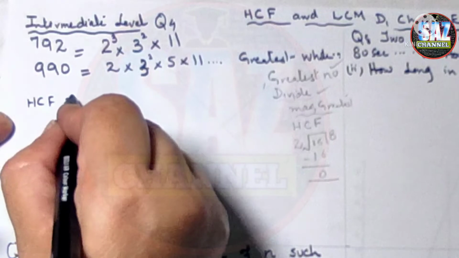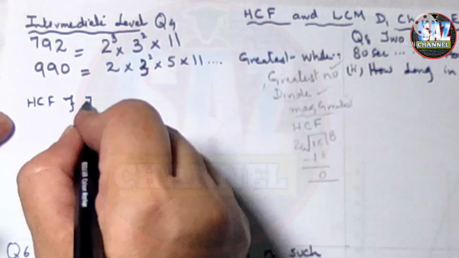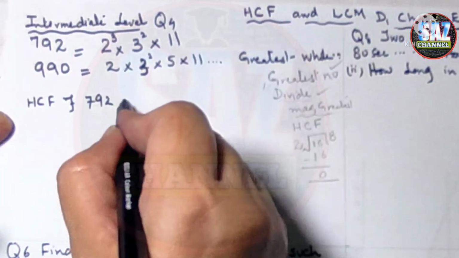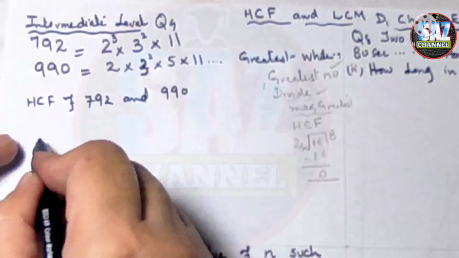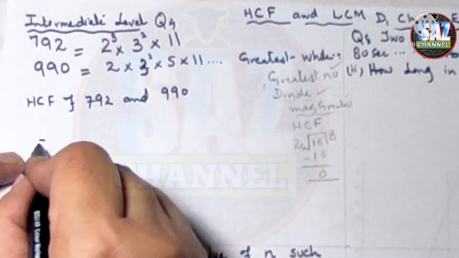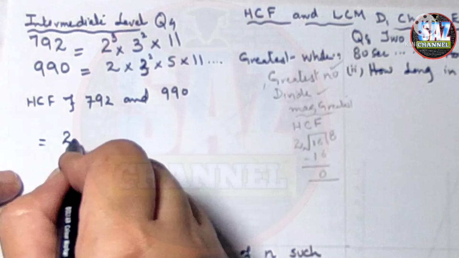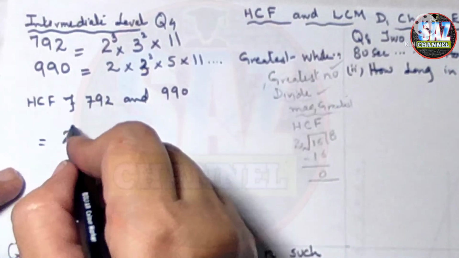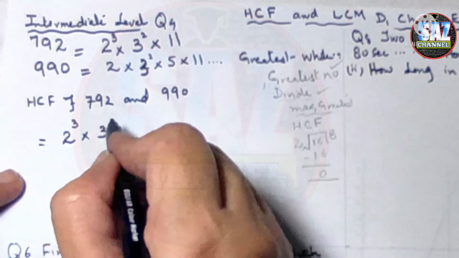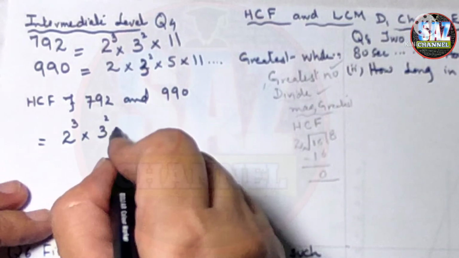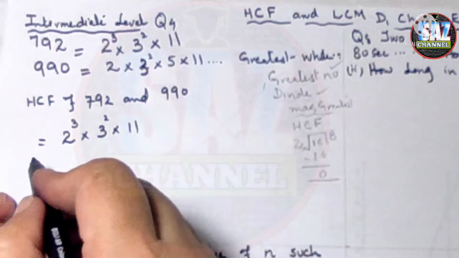HCF of 792 and 990. We know that HCF is the product of common factors. So first I have to write the prime factorization of each number in index notation together.